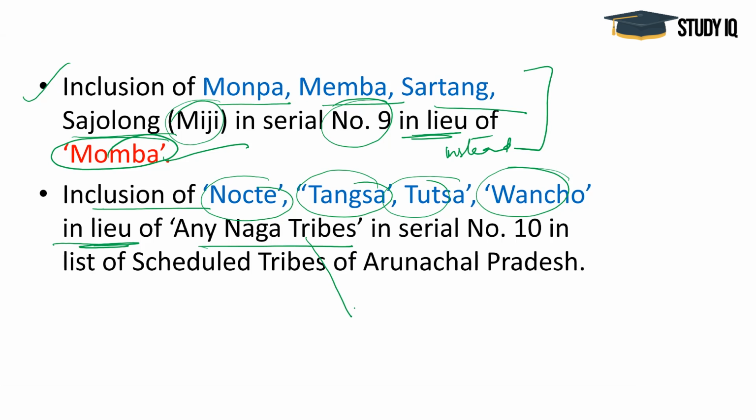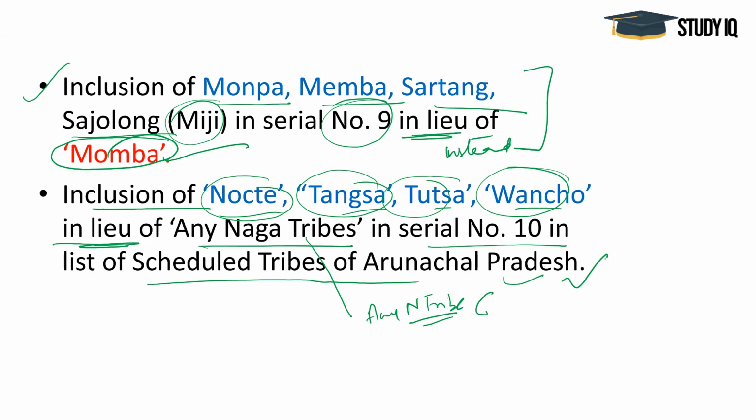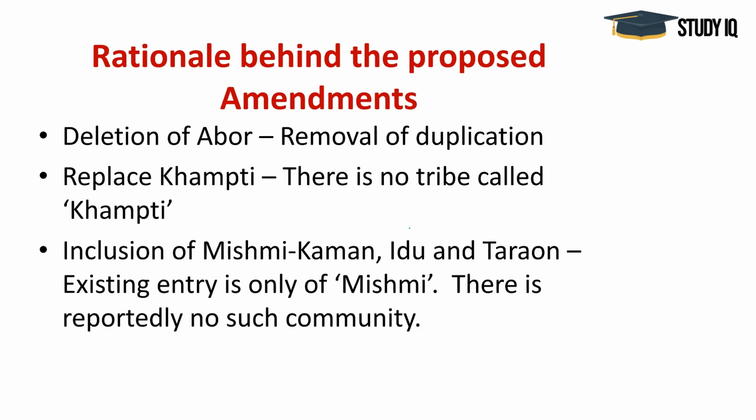So earlier in the list there was mentioned any Naga tribe, but now they are specifically mentioning which Naga tribes, like Nongte, Tangsa, Tutsa, Vancho in serial number 10 of the list of scheduled tribes of Arunachal Pradesh. So there is deletion, there is replacement, there is inclusion in the new scheduled tribe list.